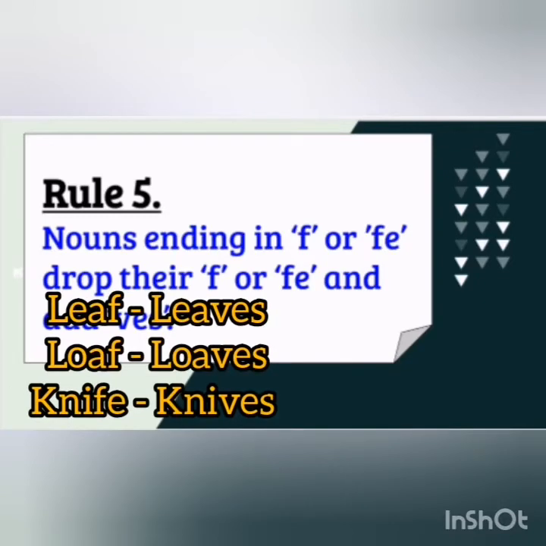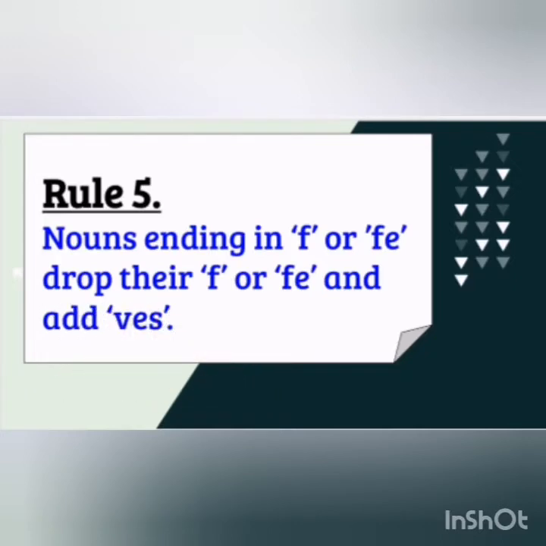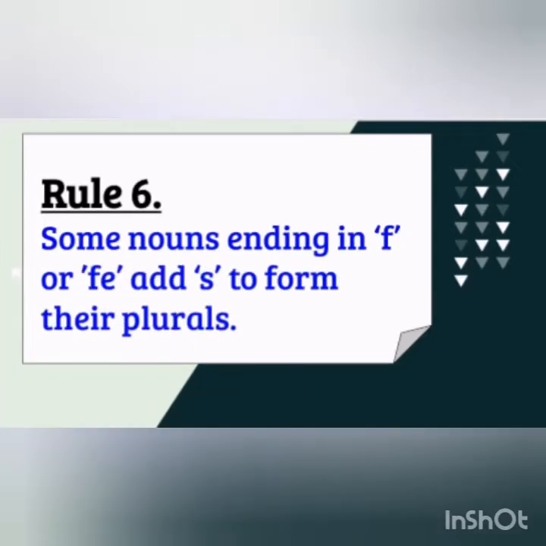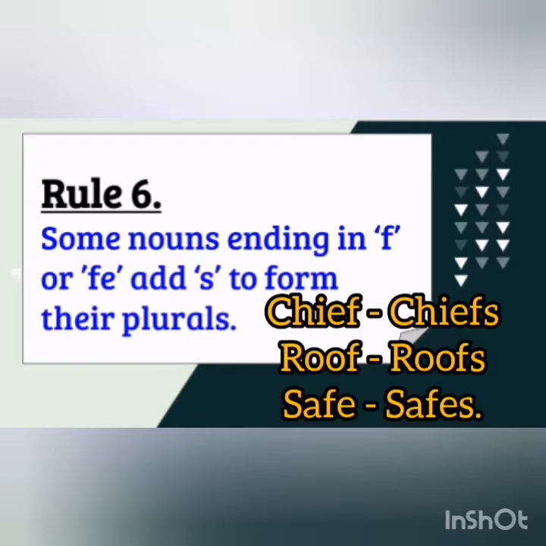Like leaf, leaves, loaf, loaves, knife, knives. Understood? Coming to the sixth rule: some nouns ending in f or fe add s to form their plurals. In the previous rule we cut the f or fe and used ves. Here we just put s there. Like chief, chiefs, roof, roofs, safe, safes.